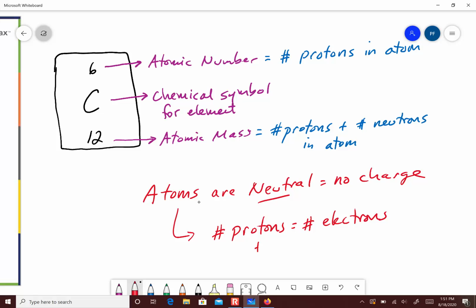Remember, protons are positive, electrons are negative. So if an atom is neutral and we have 6 protons, we have to have 6 electrons. Otherwise, the atom is not neutral, and we would be violating this rule. So there's no number on the periodic table that tells you the number of electrons, but we can still figure it out by knowing how many protons are there.